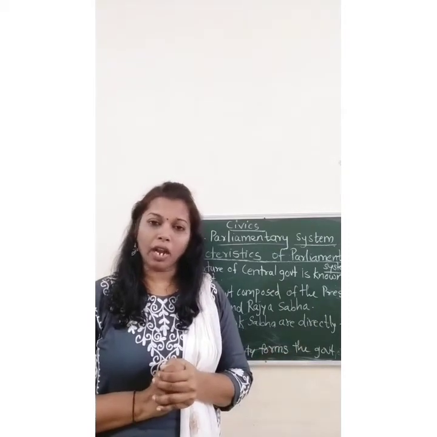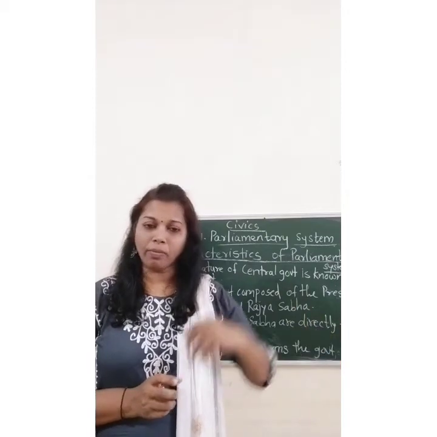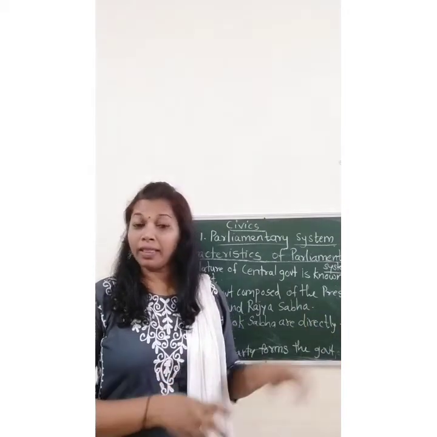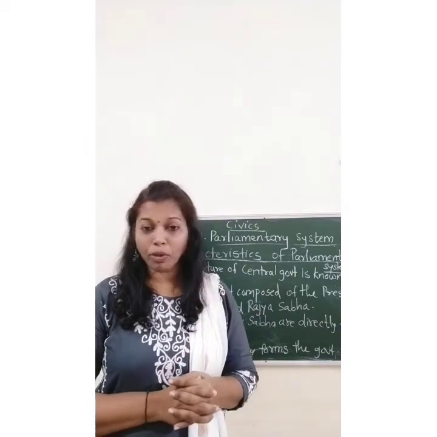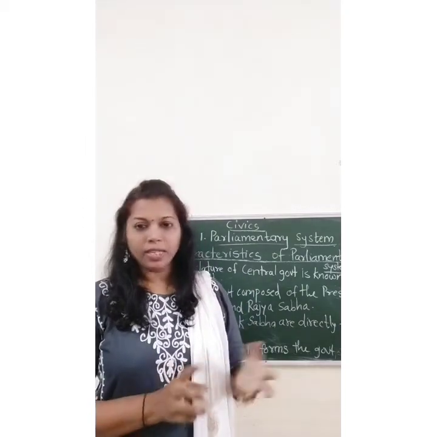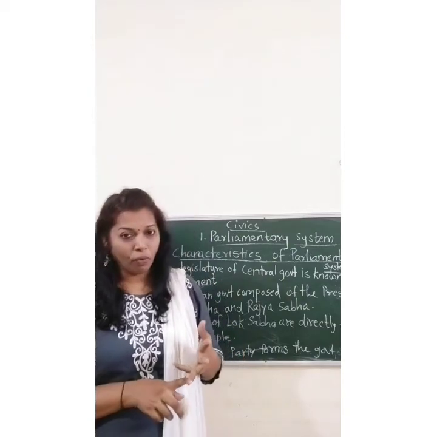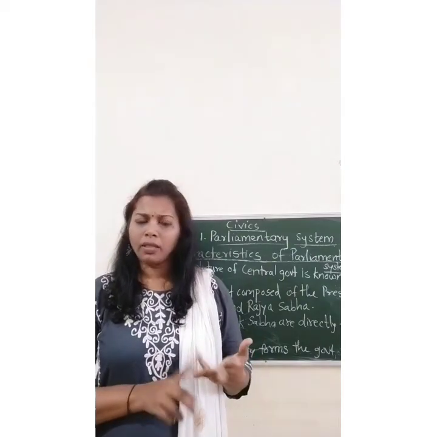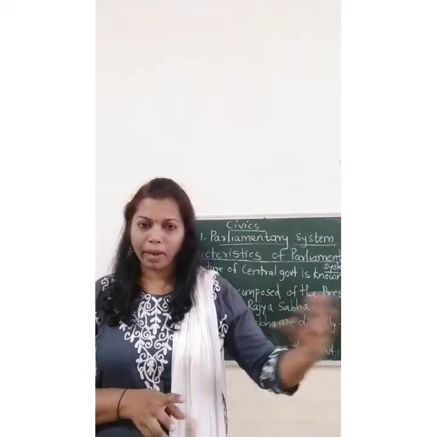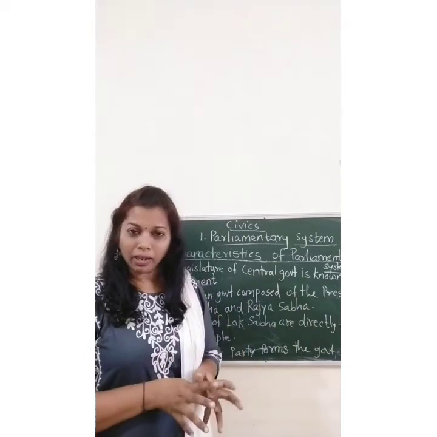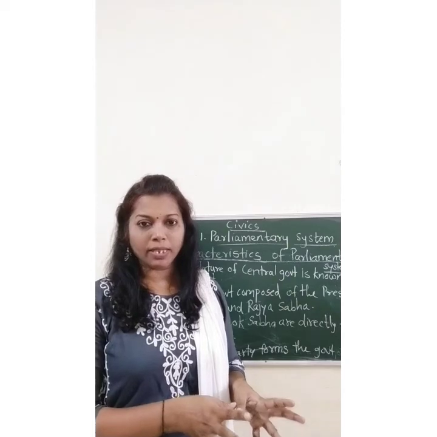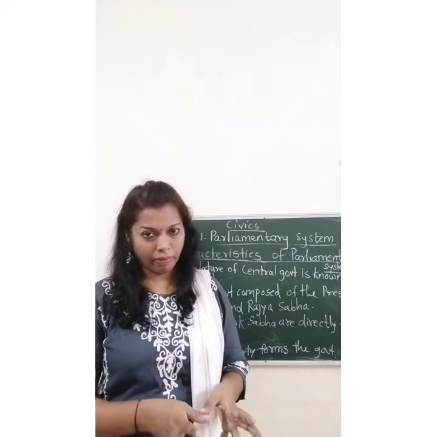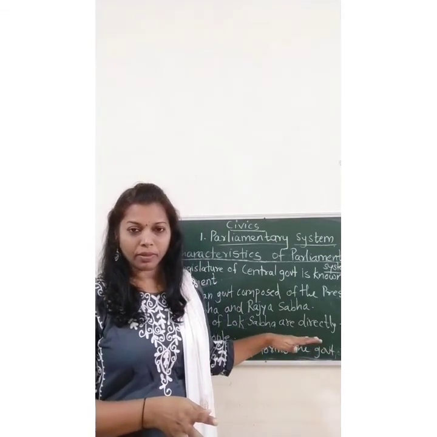Then they take help from some other party and form the government, and that government is called a coalition government. Since they do not get the majority, more than half of the votes, they have to take help from other parties. Have you understood? Any doubt?